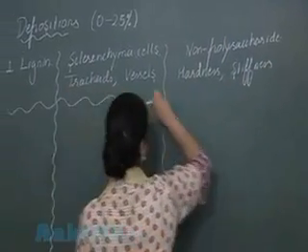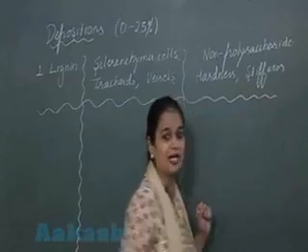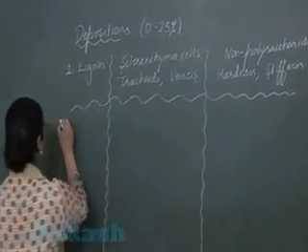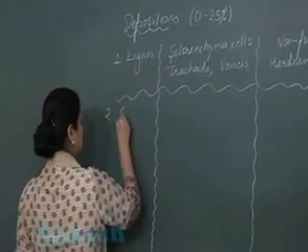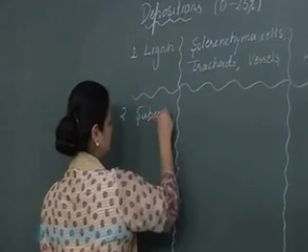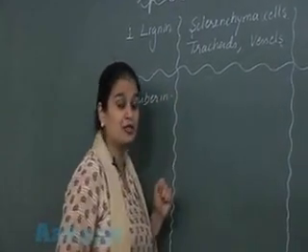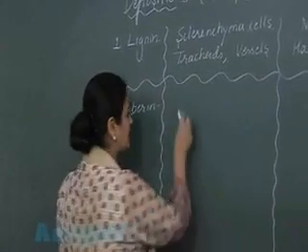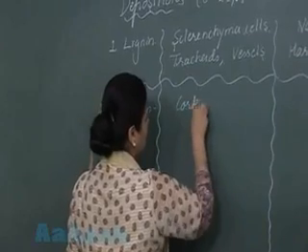Now after the lignin, another deposition which can be associated with the cell wall is suberin. Now the suberin deposition we have studied in the cork cells.